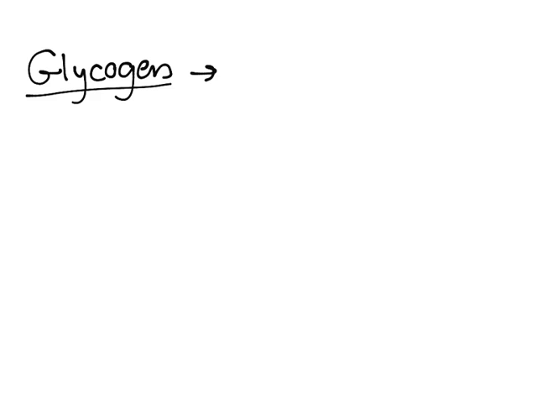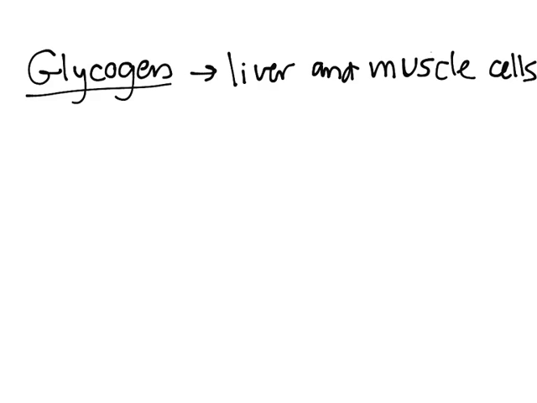Most notably, you'll see the liver and muscle cells mostly associated with making glycogen, but the brain, uterus, and vagina cells also can make glycogen. And so glycogen essentially is the storage of energy that we have in our bodies.